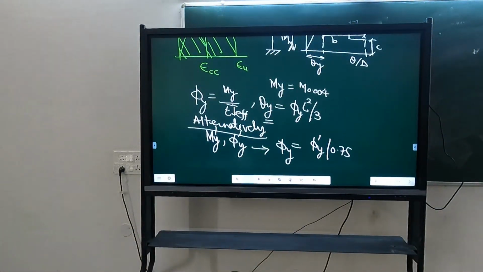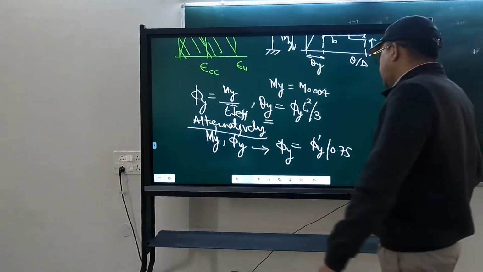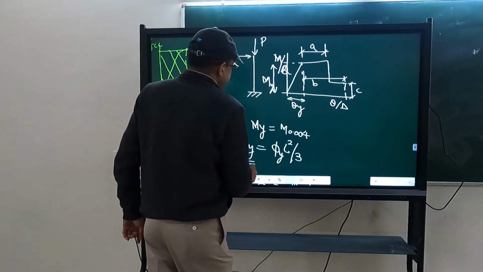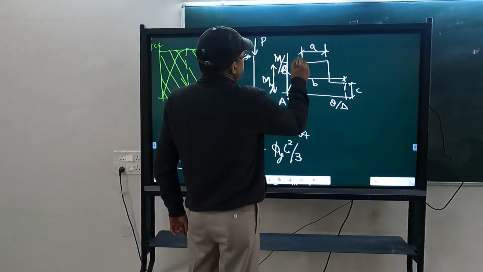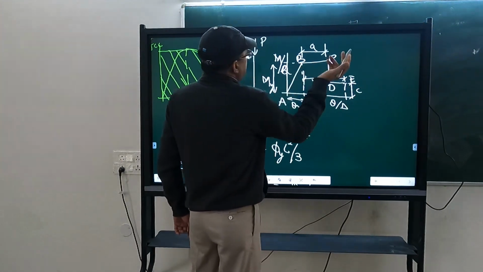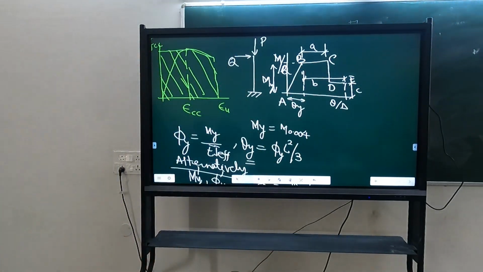Till the yield point, or what we call point B in our generalized notation of backbone curve, there is no difference in monotonic and cyclic.